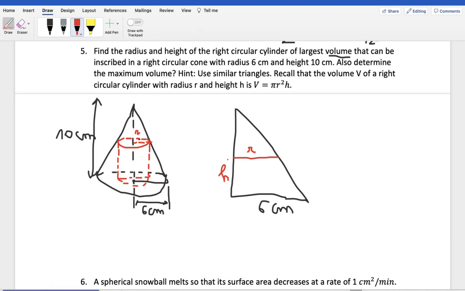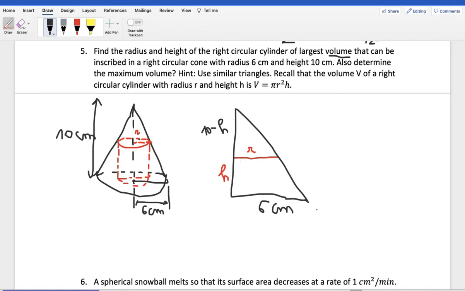And you would have that this distance here between the top of the cylinder and the rest of the cone is just 10 centimeters minus the height. So this is just 10 minus the height h, right? So we have that.